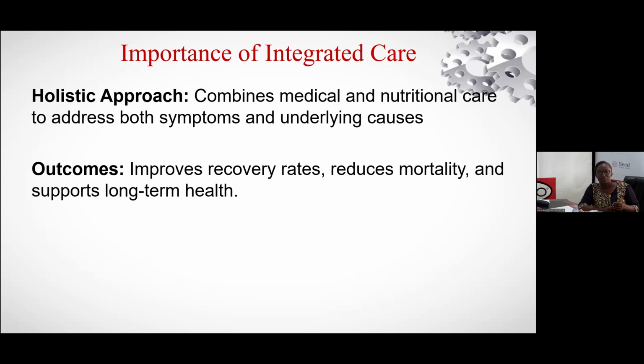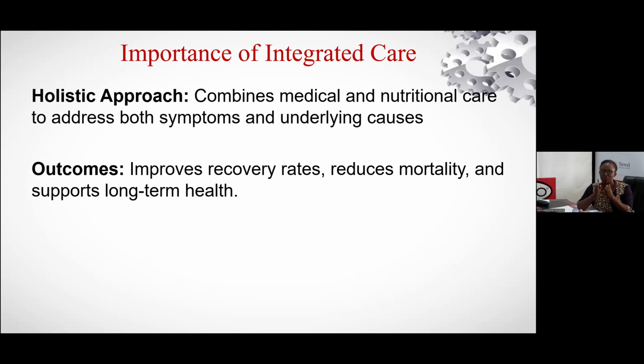Next. So why do you think we need to integrate the nutrition, the nursing part, the medical part into the care of these children who are malnourished? One, we need to offer a holistic approach, because when we combine this care, the medical care and the nutrition care, we are able to address both the symptoms and the underlying causes.